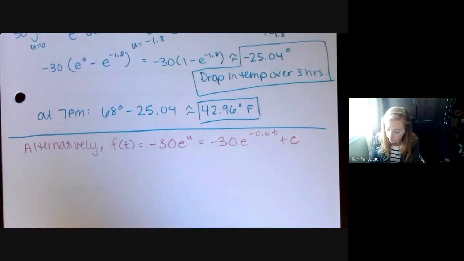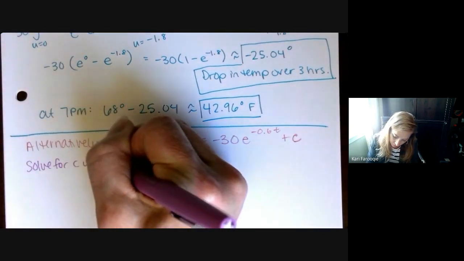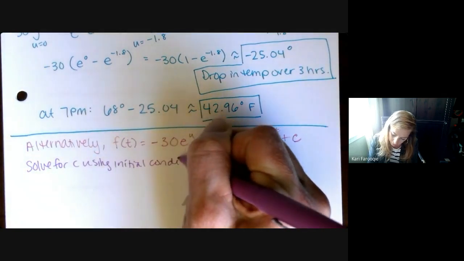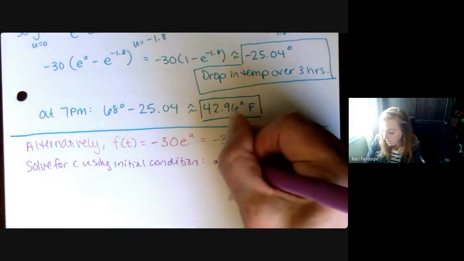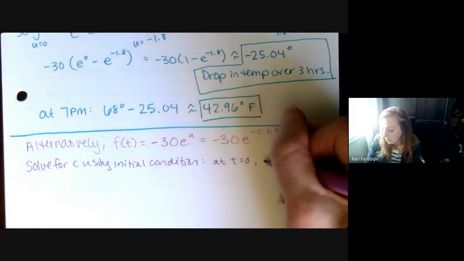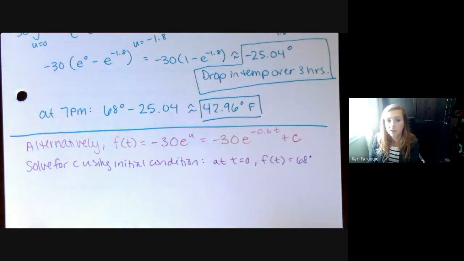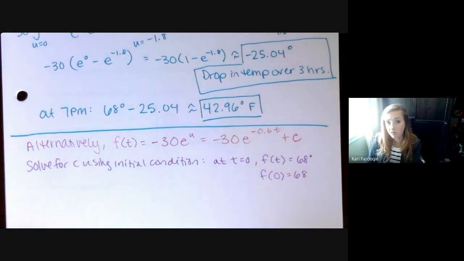So we can solve for c using the initial condition. And the initial condition was that at t equals 0, f of t, the temperature, was 68 degrees. So you could have used that and said that f of 0 was 68.